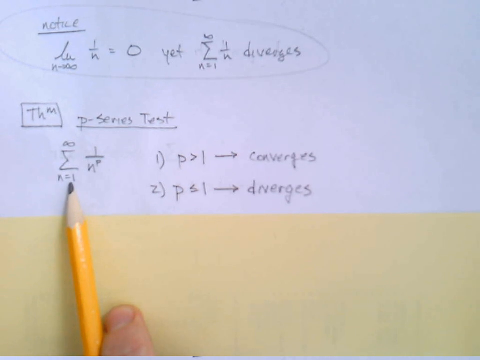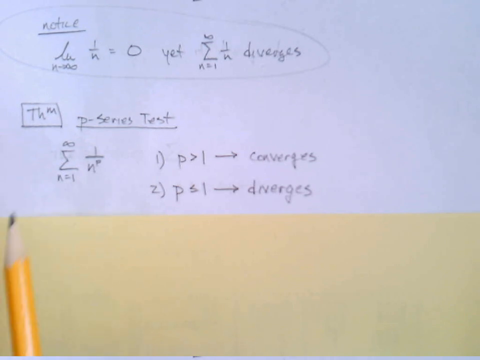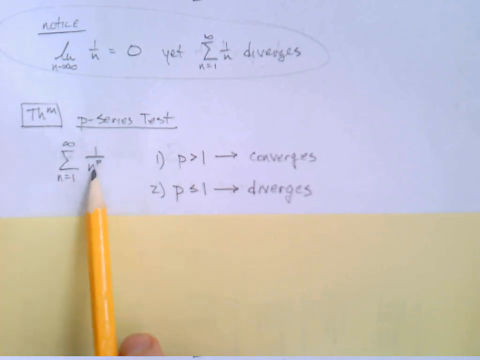It doesn't have to. It could start at 2 or 3 or 4. Really, the one series that must start where we say is the geometric series. Geometric has to start at 0, but any other test can start wherever you like. That's the default.